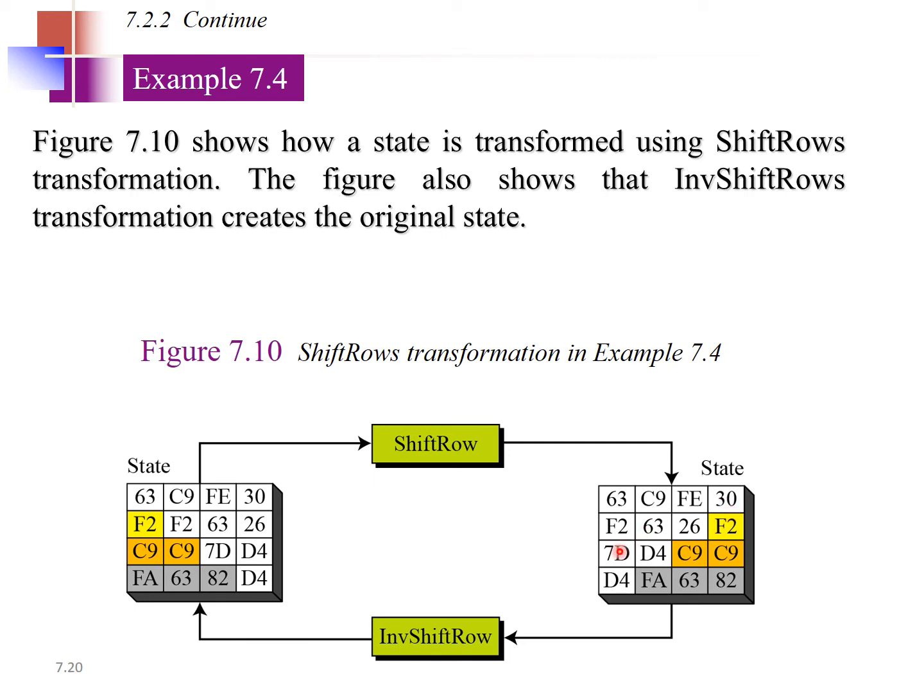So I will do the reverse, a right circular shift. This one will come here, like this, and the rest move towards the right: F2, 63, 26, like that. Same thing repeated: for row 2, a right circular shift for the inverse operation. For row 3, a 3-byte right circular shift will be performed.